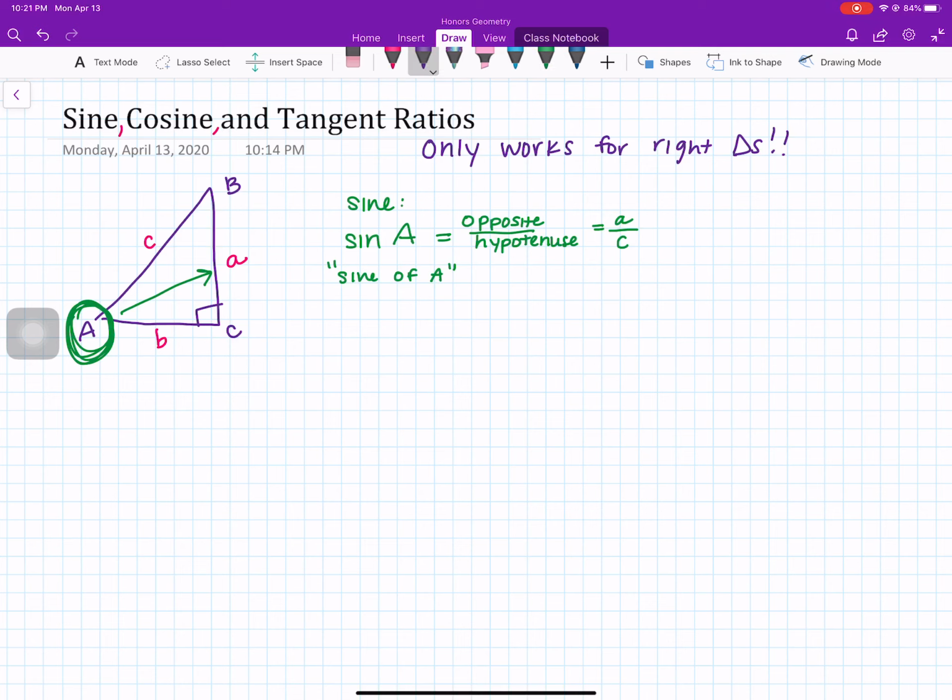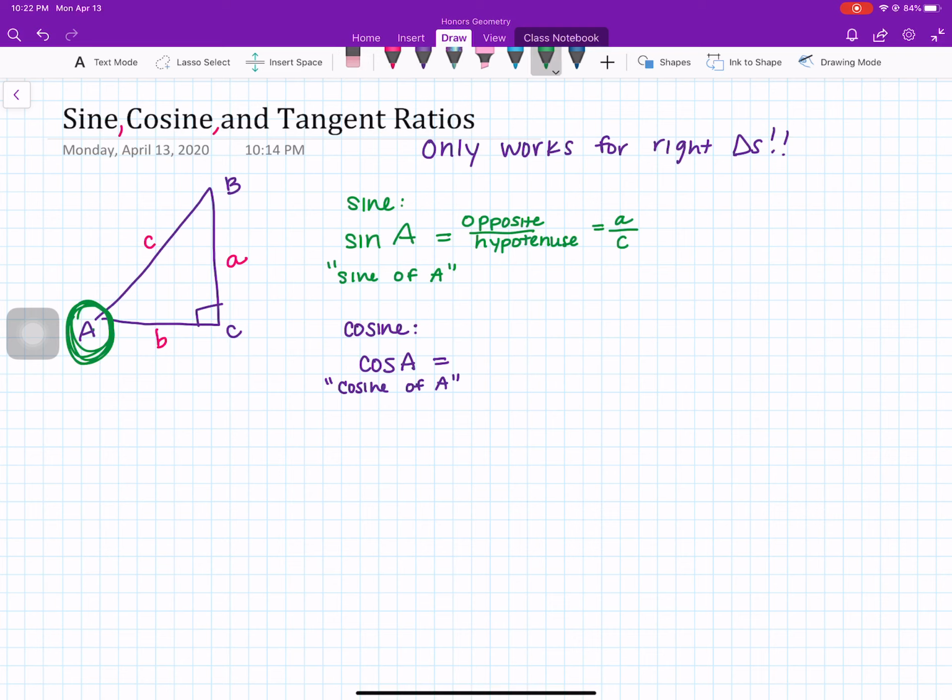And that would be your sine ratio. Your cosine ratio, you write it as COS of angle A. So you would say it cosine of A. It is the ratio of the adjacent side and the hypotenuse. So adjacent just means next to.